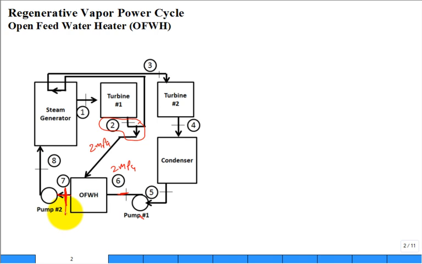If the inlet pipes are at 2 megapascal and it's a feed water heater and it's open, which means they just mix. That's all they do is just mix. What do you think the pressure at 7 is? 2 megapascal. Then that pump boosts it to 8 megapascal, or the highest pressure. All right. So this works.